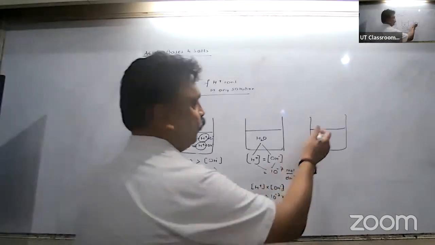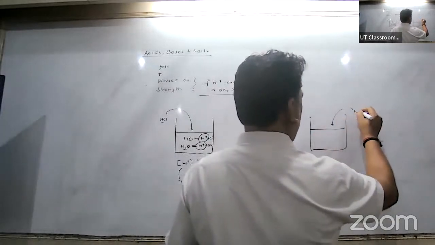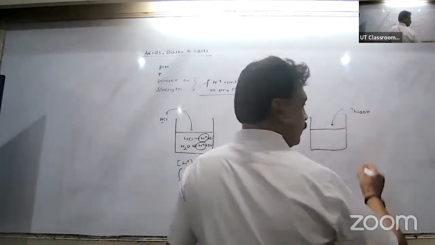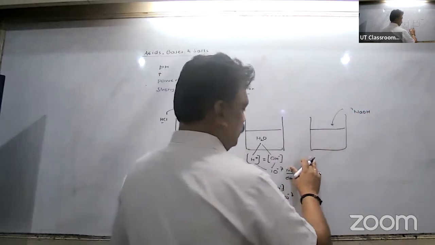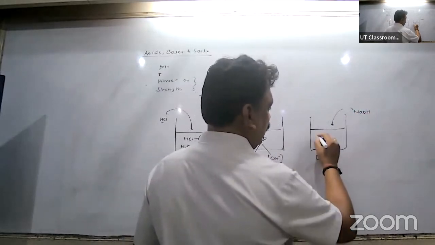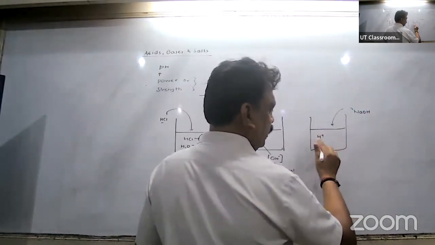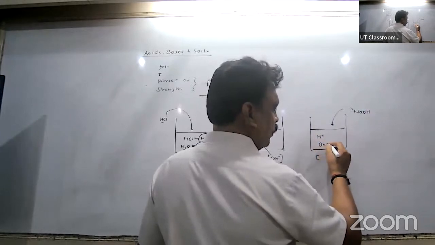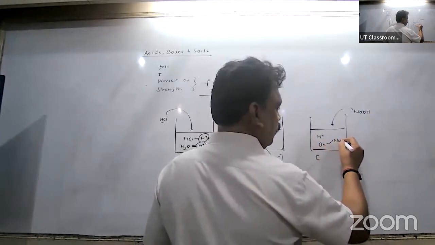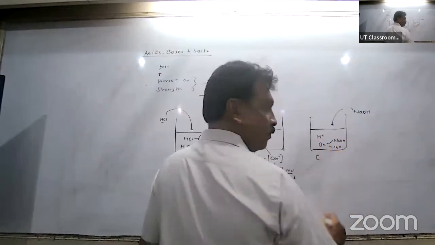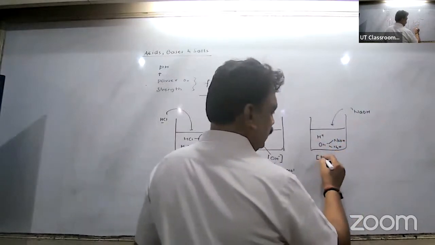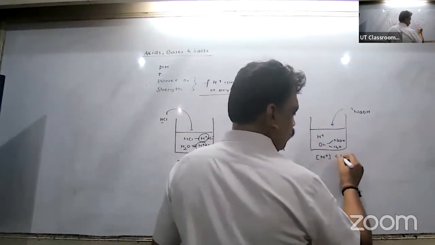Now suppose you add a few drops of NaOH, a base. Then H plus ions are coming from only one source, water, but OH ions are coming from the base, NaOH, and from water, yes or no? As a result, this time H plus ion has to decrease with respect to OH minus ion.